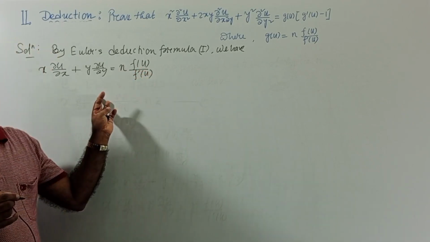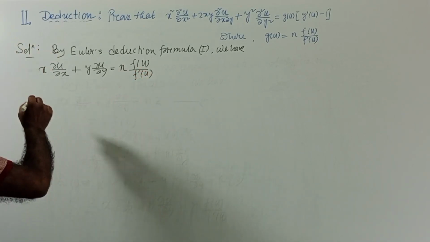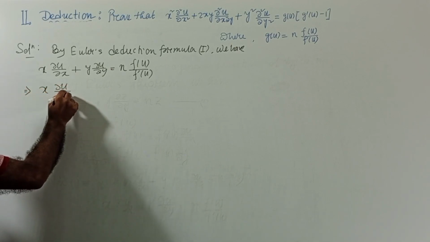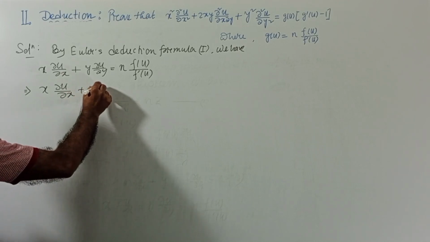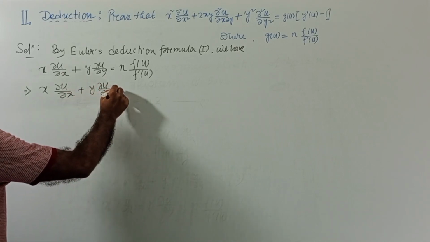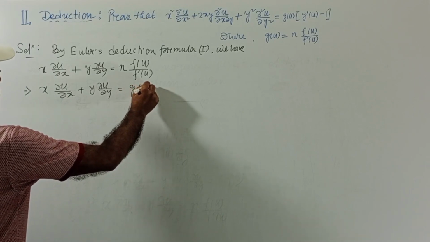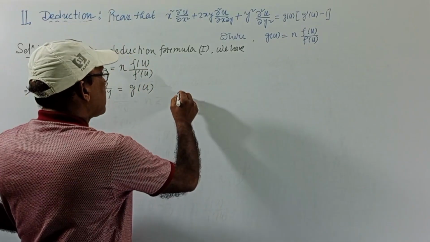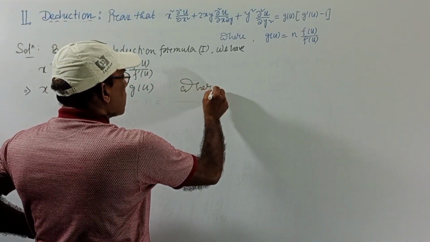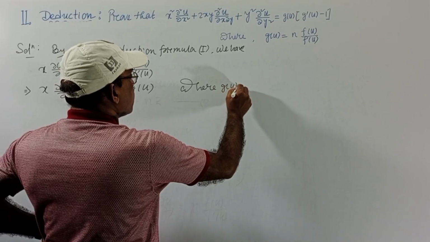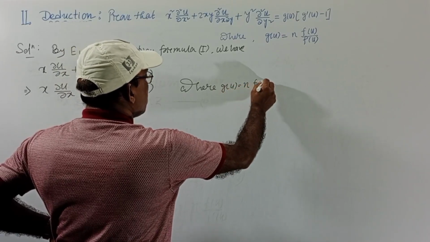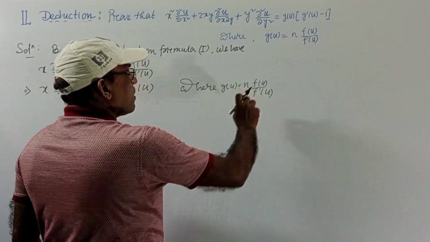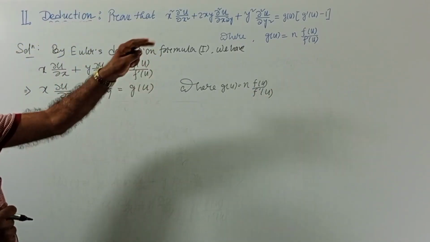This is our deduction formula 1. This implies x del u del x plus y del u del y equal to g of u, where g of u equal to n f of u by f dash u. This is given. Now we want to prove this.